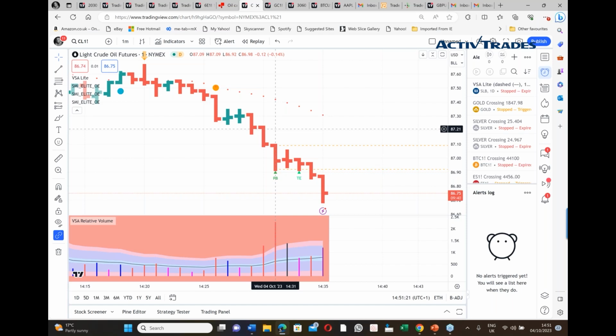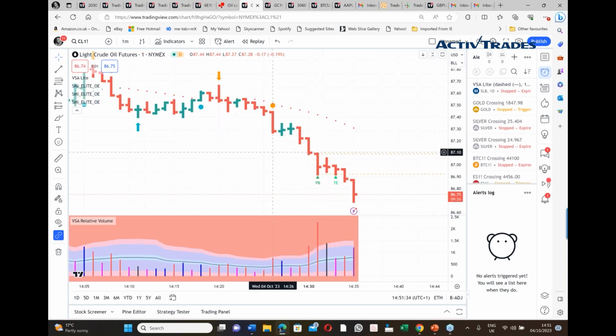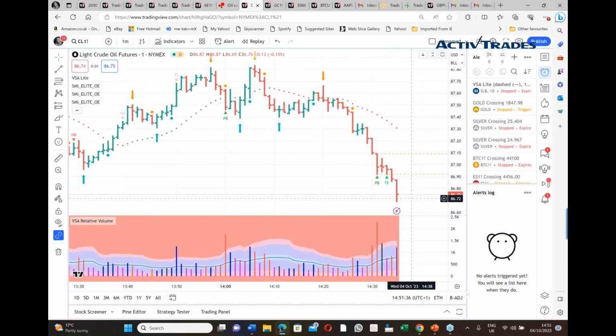You'll see the trading alert service that we've got has come up with, hey, this is a short in crude oil. I'm not actually trading it myself, but I can absolutely assure you, I'm pretty certain, this will break the low of this bar. And we're on a 1 minute time frame. So the question is, how can it work in 1 minute time frames?